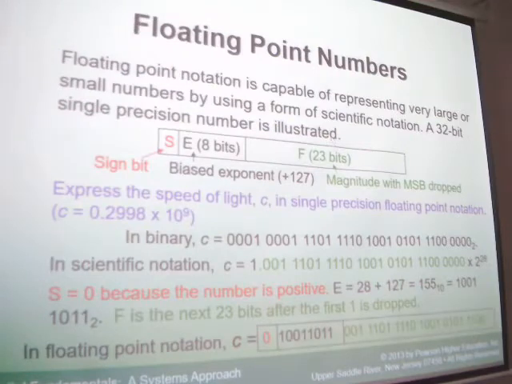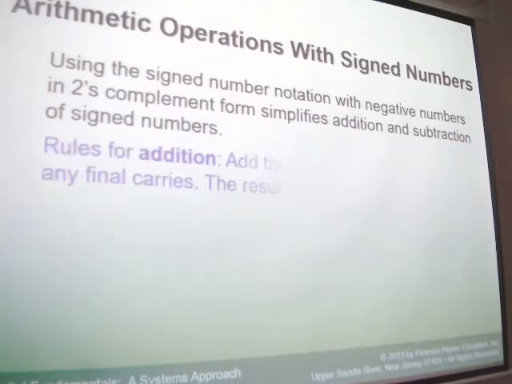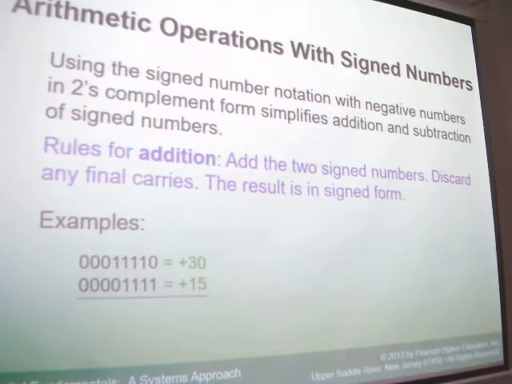Floating point numbers are a little complex. Arithmetic operations with signed numbers are also like decimal arithmetic operations.